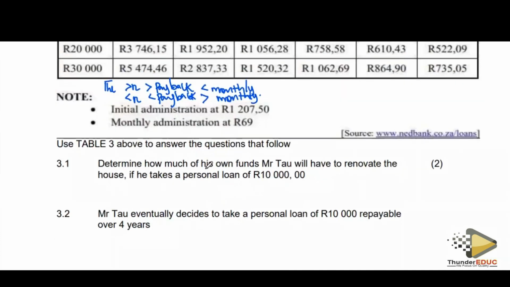Okay, determine how much money of his own funds Mr. Dawo will have to renovate the house if he takes a personal loan of 10,000. So remember, to renovate, he needs 25,000. But he has taken 10,000. So how much is his own amount? It's 15,000.